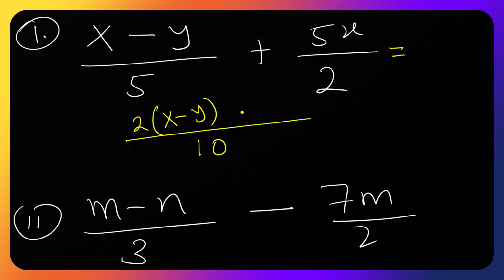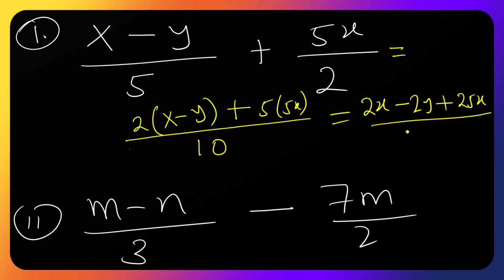We have the addition sign, and 5 times 5x. So we have 2x minus 2y plus 25x on 10. Can we group like terms here? Yes, 25x and 2x make 27x. So we have 27x minus 2y on 10.